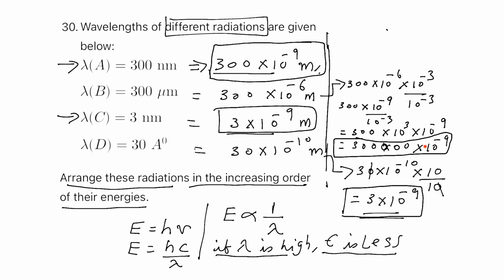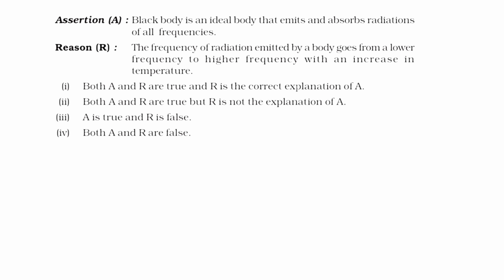Assertion: black body is an ideal body that emits and absorbs radiation of all frequency. First of all, you have to learn by heart the definition of black body. That is very important. A black body is defined as a physical body that absorbs all incident electromagnetic radiation regardless of frequency or angle of incidence.